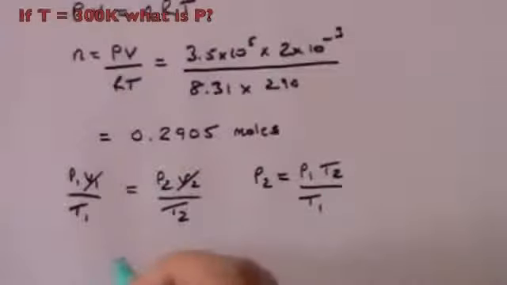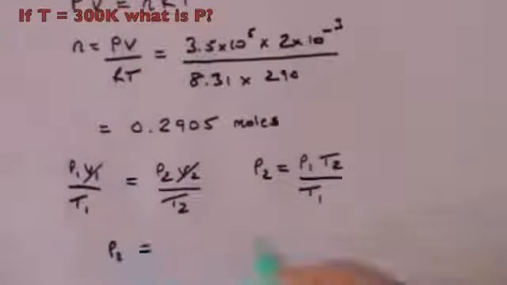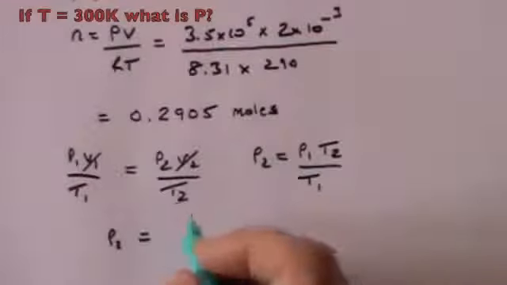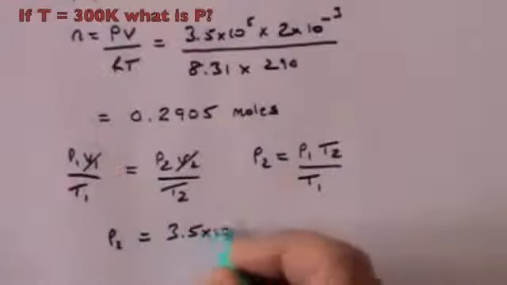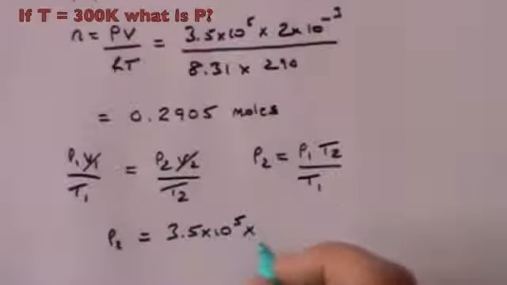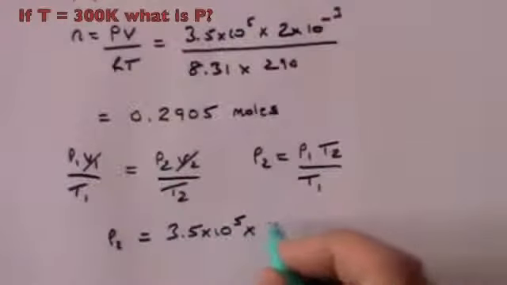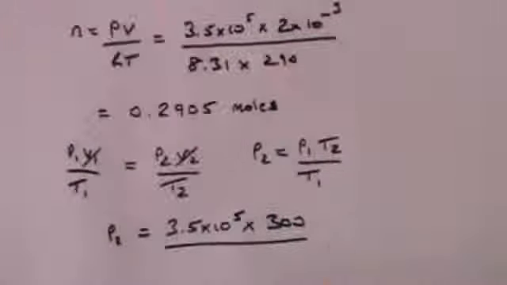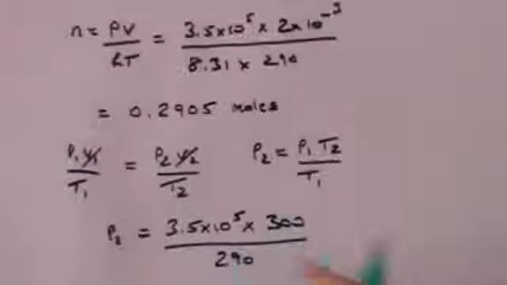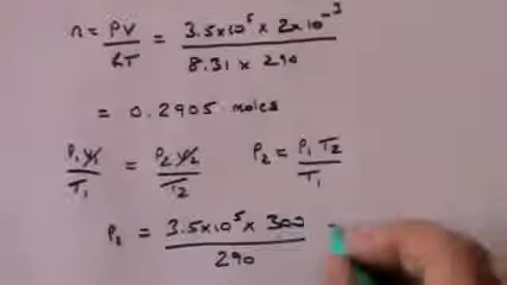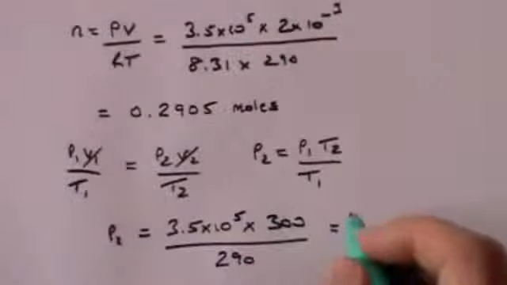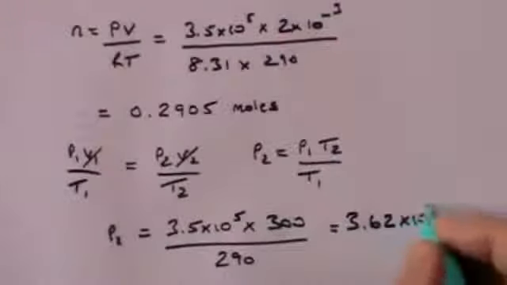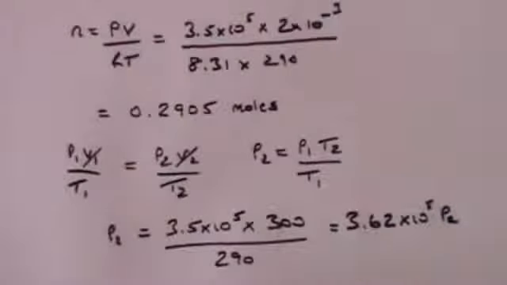So that means that P2 is going to be equal to P1, which of course was 3.5 times 10 to the 5th, times T2, which is now 300 K, divided by T1, which was 290 K, and that will give you a pressure equal to 3.62 times 10 to the 5 Pascal.